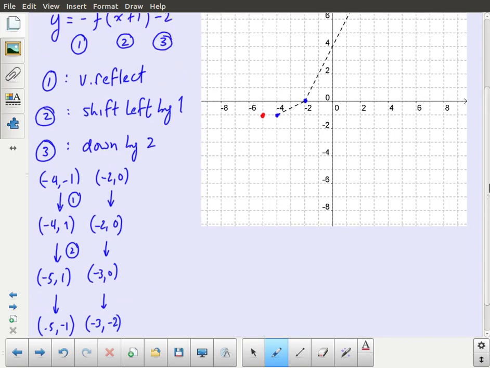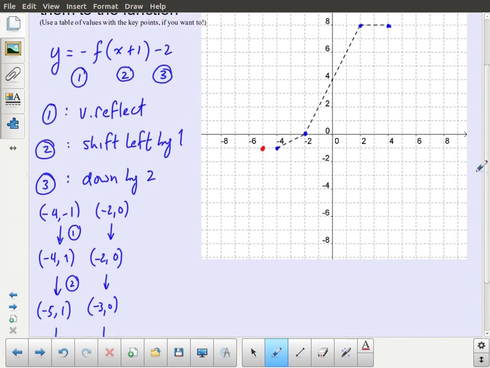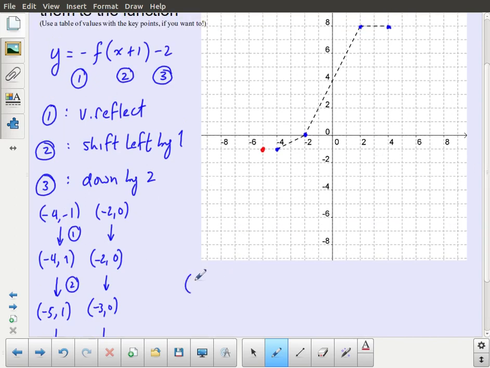Let's find another good point, and that would be here at 2, 8. This time I'll go across horizontally. A vertical reflection turns that into 2, -8. Shift to the left by 1 becomes 1, -8. And shift down by 2 becomes 1, -10.